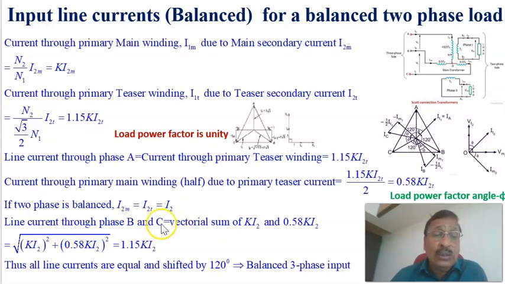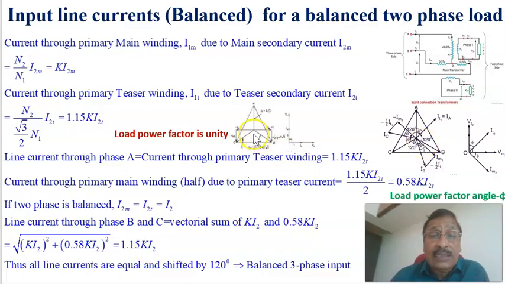For the line current through phases B and C, it is the vectorial sum of K I2, that is the current induced in the winding due to this current, added vectorially to half of the teaser current, 0.58 K I2. We are adding vectorially, they are 90 degrees apart, so that the total current equals the root of K I2 whole square plus 0.58 K I2 whole square, which becomes 1.15 K I2.